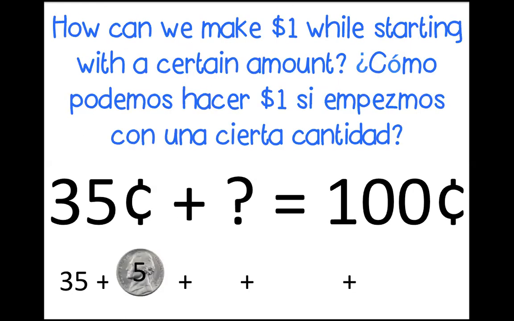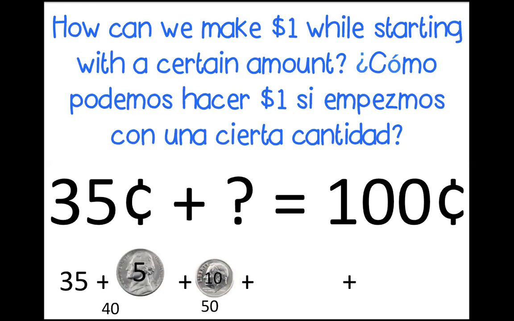If I add 5 more, I would have 35 plus 5 is 40. I'm not at $1 yet. I could add a 10. That would get me to 50. Now, remember what other coin would help us get there faster?